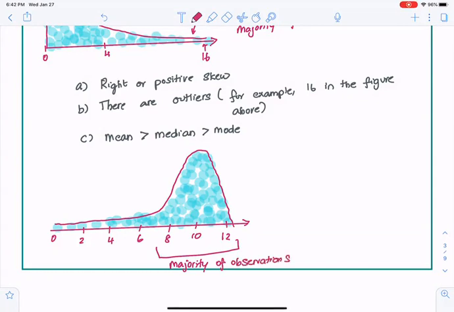And the outlier is at 0. And clearly, because of the outlier, we have skew. But in this case, the outlier is on the left-hand side and it is pulling the data to the left. So here we have a left or negative skew.